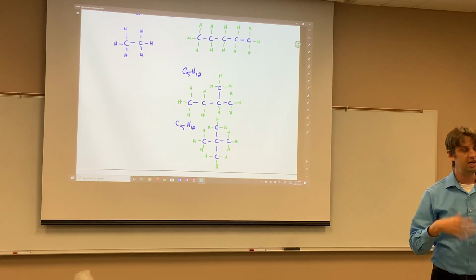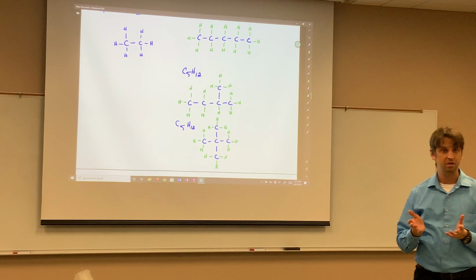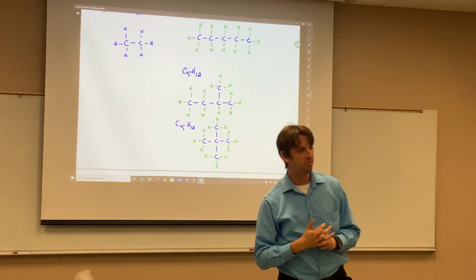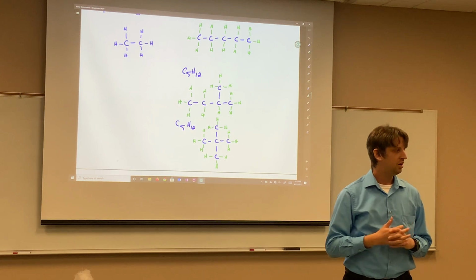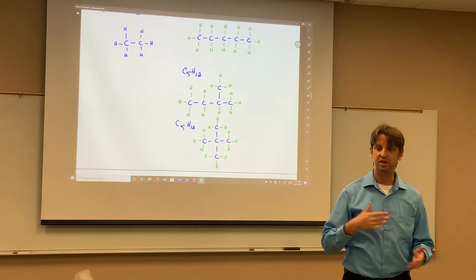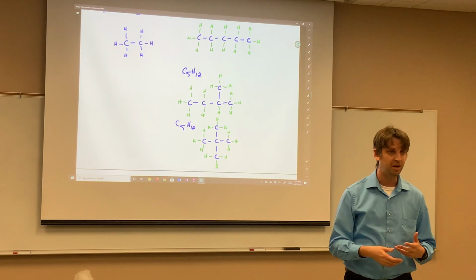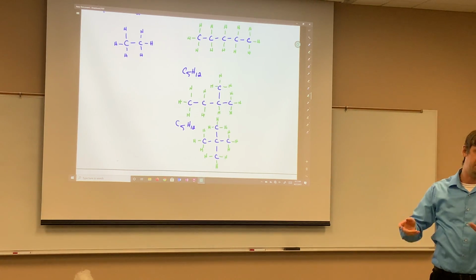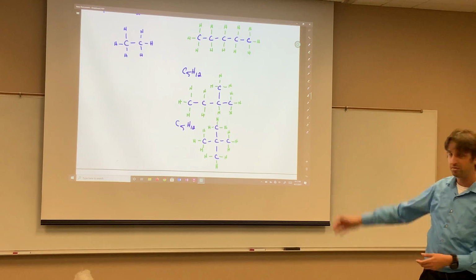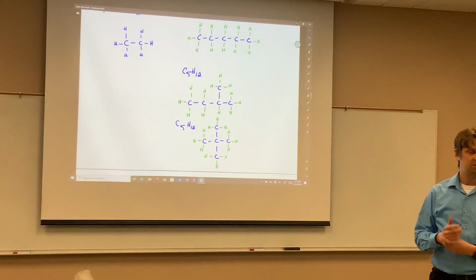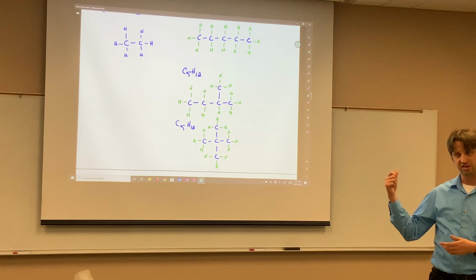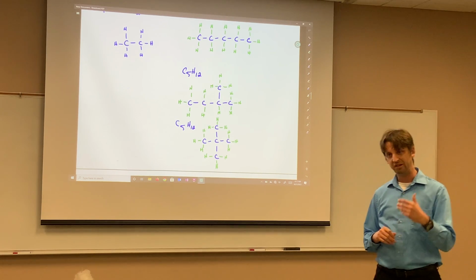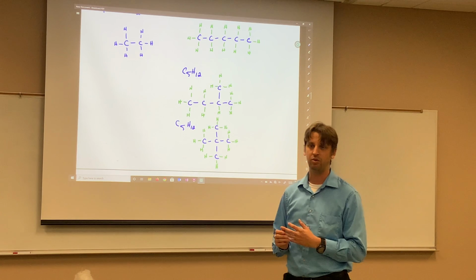There's an issue we would have to deal with. I'm just going to mention it, but we're not going to go too far in depth. When dealing with these different isomers, we have to come up with a name to separate these 3 different compounds. Otherwise, if I just give you a formula, any of those could be correct. We'd need some way of indicating which specific compound I want you to work with, and that's where systematic naming comes in with organic chemistry.